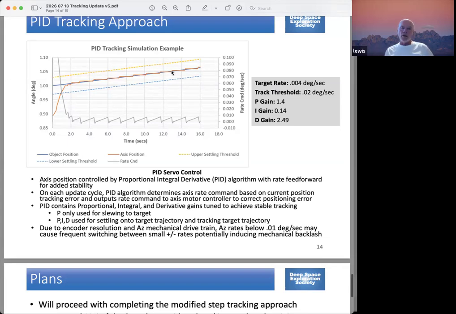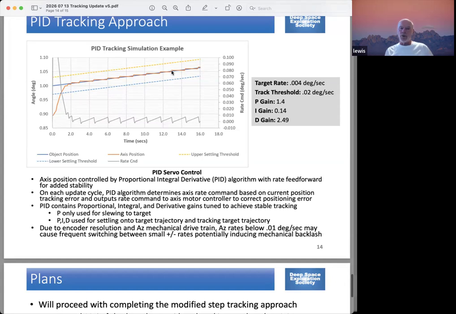And so proportional really tells you, we'll set the command based on how large of an error we currently have. Integral tells you we'll adjust the commanded rate for how much the accumulated error on the mount is. In other words, for each update cycle, you keep adding in the update error.